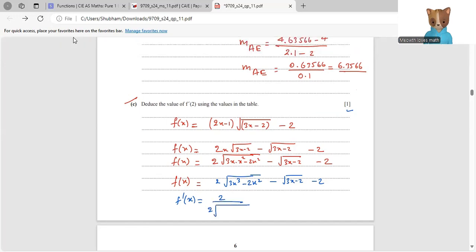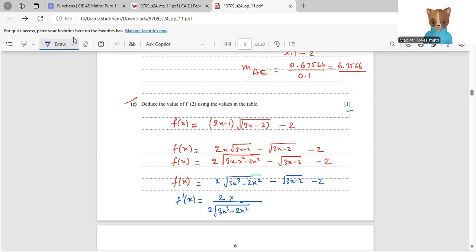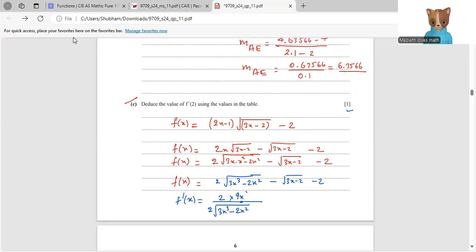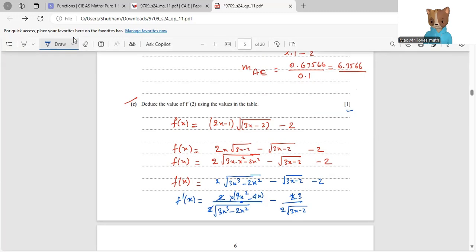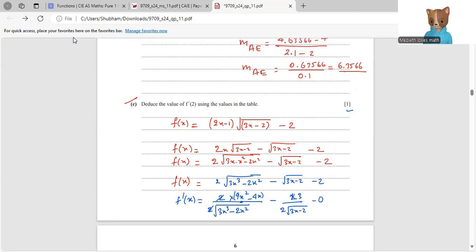Divided by 2 under root, whatever it is, (3x cubed minus 2x squared) as it is. And then in the numerator, the derivative of the function, which becomes 9x squared minus 4x. 2 and 2 cancel out, minus 1 over 2 under root (3x minus 2) as it is, and then the derivative of 3x minus 2 in the numerator, which is 3. And then minus 2, its derivative is 0, plus 0.